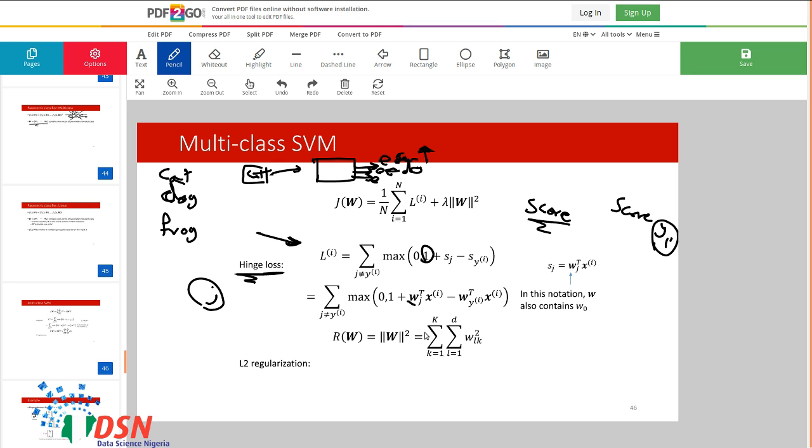And this is L2 regularization, which is just the second norm. Here, because we have a matrix W, the second norm of a matrix is the Frobenius norm, which is just the sum of the element-wise squares of all elements of the matrix.